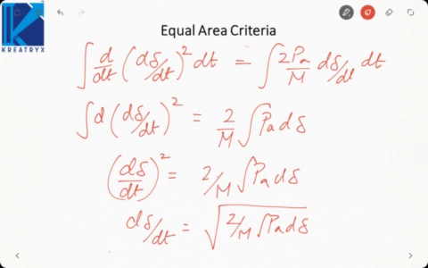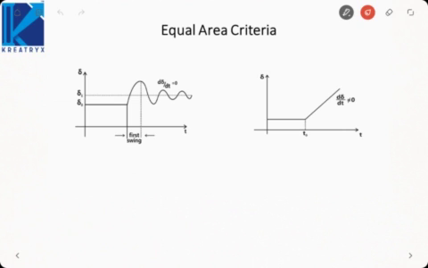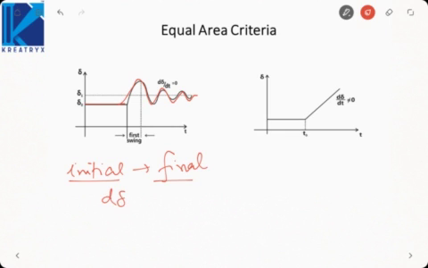Now for stability, the system should have an oscillatory response in which it finally settles down to a steady state. If you are settling down to a steady state, or showing oscillatory behavior, then your initial state must be the same as the final state. If the system is oscillating, the initial and final states must be the same, and then the change in δ must be 0, or we can say dδ/dt is 0.